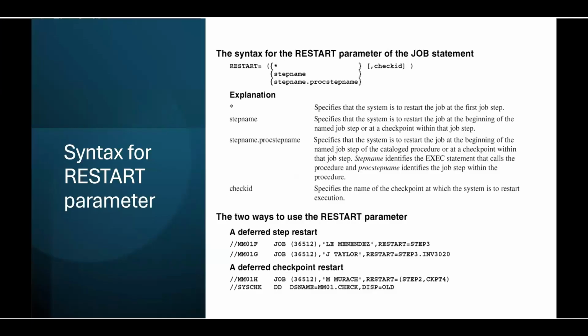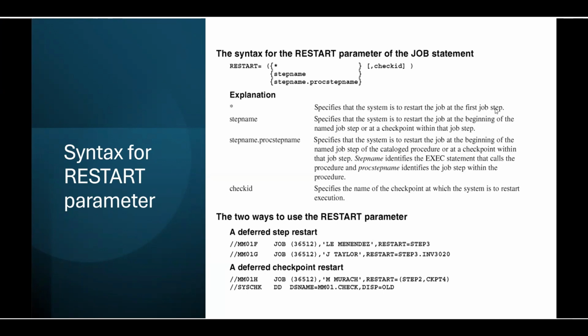This is the syntax of the restart parameter of a job statement. Here we have restart equals as a keyword. Then we basically have three options. The first one is asterisk, which specifies that the system is to restart the job at the first job step.